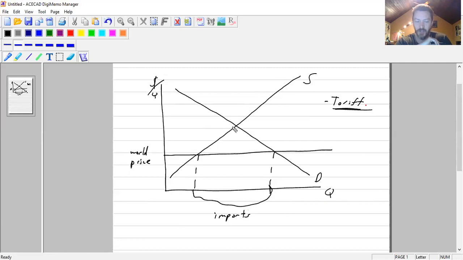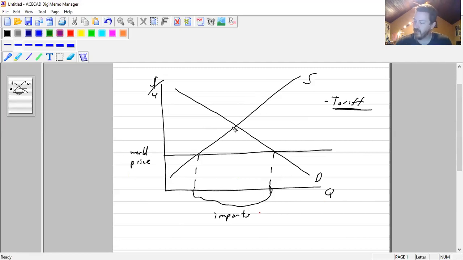And so we're going to assume that the tariff just raises the price by the amount of the tariff. If widgets are selling for $10, and the government says you have to pay $1 to the government in the form of tariffs for every widget that you're importing into this country, then we're just going to assume that the price rises by that amount.